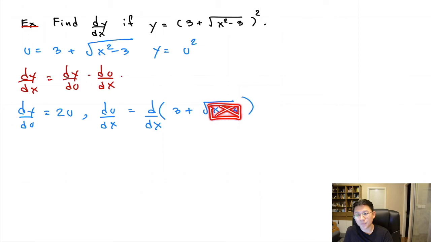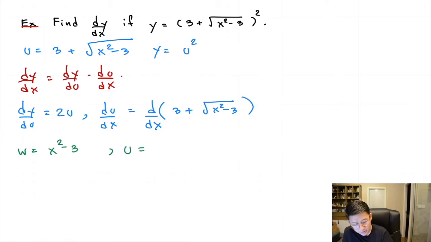So we can't differentiate this whole function, but we can differentiate it when this guy is a big X. So what we need to do is use another chain rule. So we let w be x squared minus 3. Then u is 3 plus square root w, which is 3 plus w to the power of 1/2.